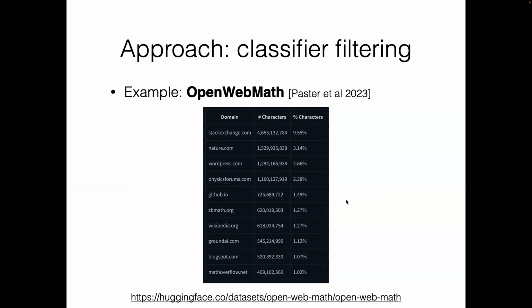Actually, I was part of a project that used this, and we discovered that it contains some solutions to some common benchmarks that are used to benchmark language models on math. A lot of them are based on competition problems, and you can imagine that across the internet, there are various places where people are discussing solutions.